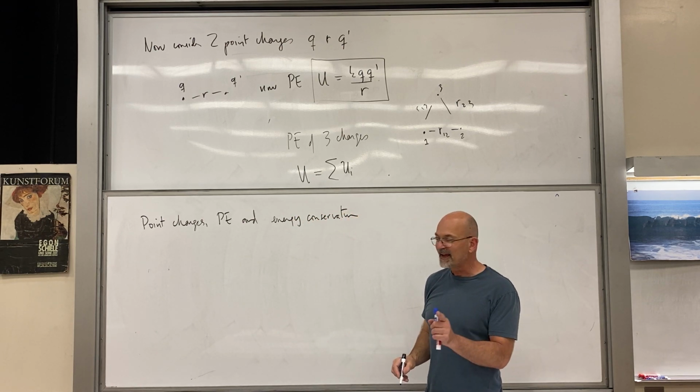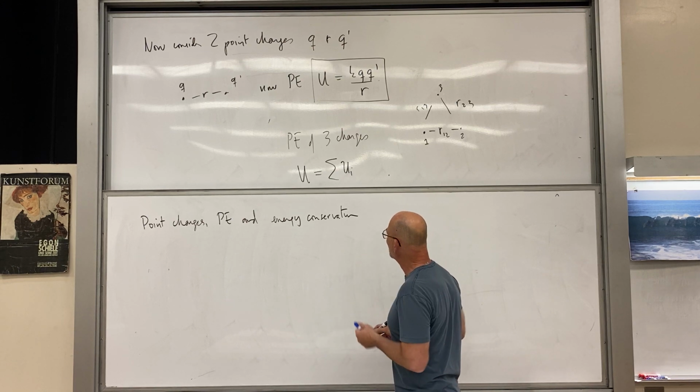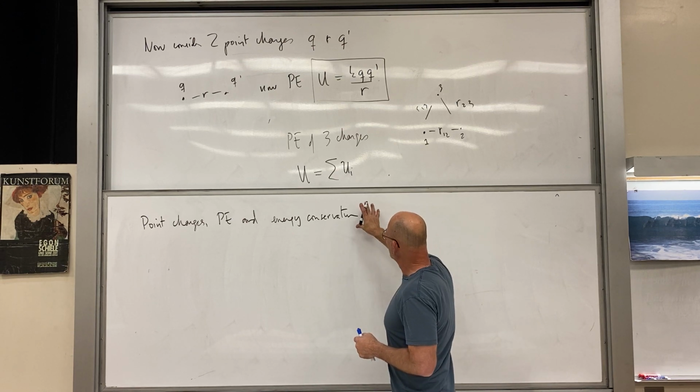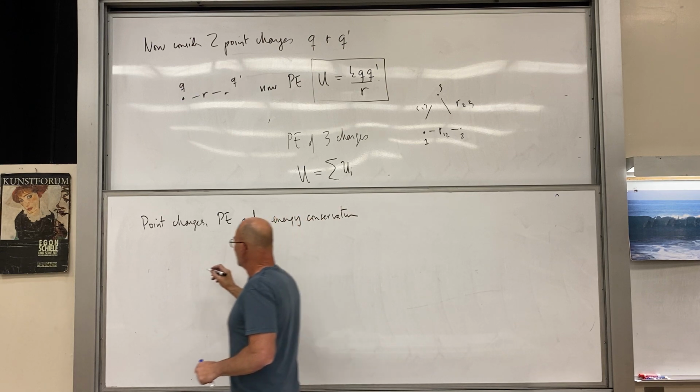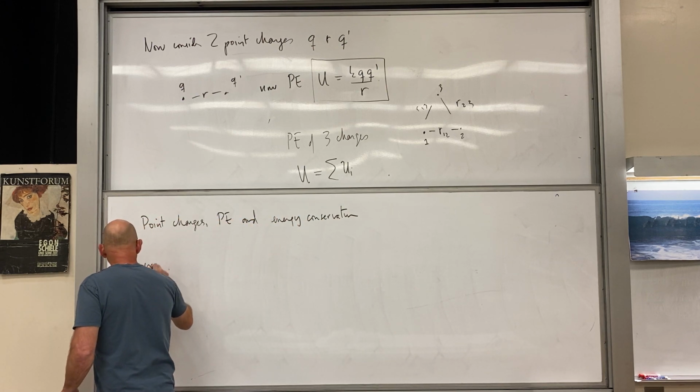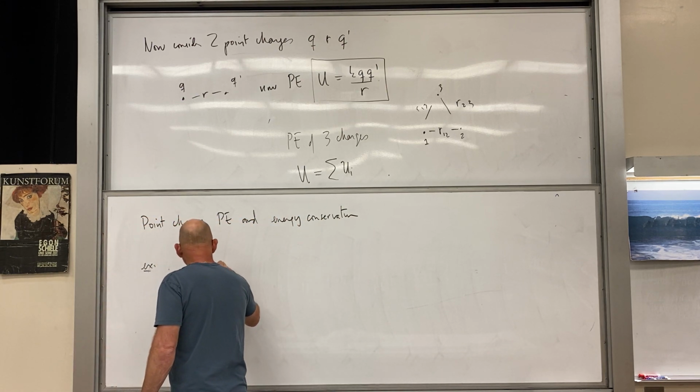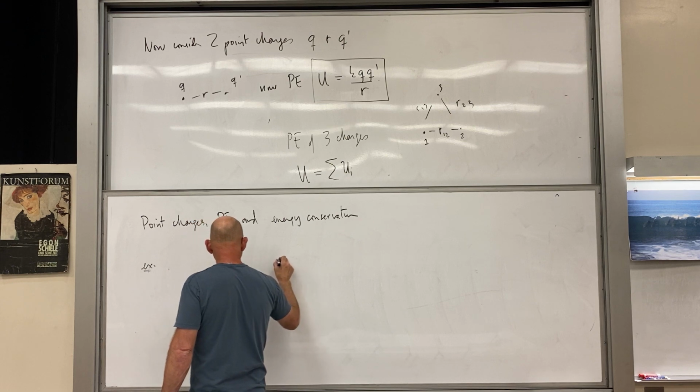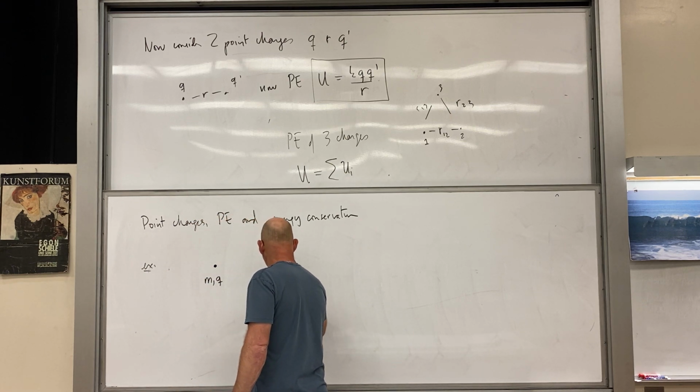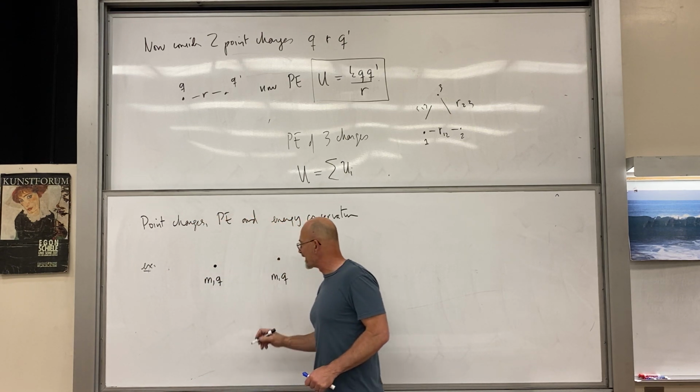Because we know kinetic energy plus potential energy is conserved. So my example, to show how this works, let's say we have Q1, I'm just going to have mass m, charge Q. We're going to start with the simplest example.